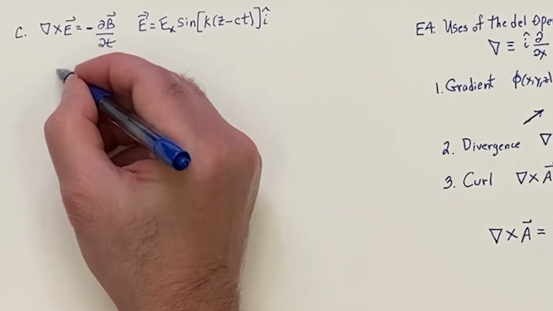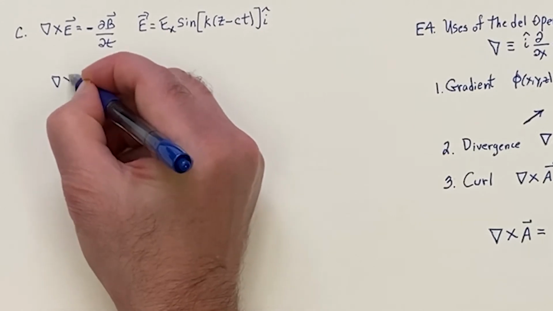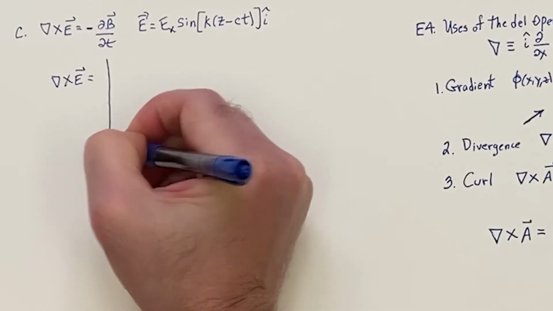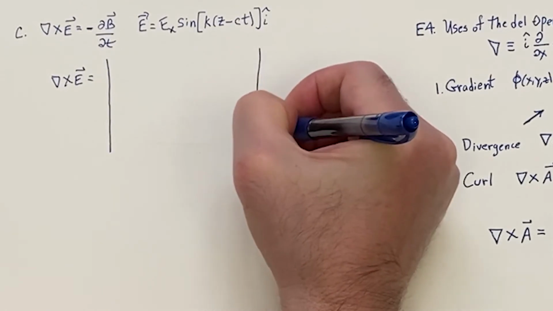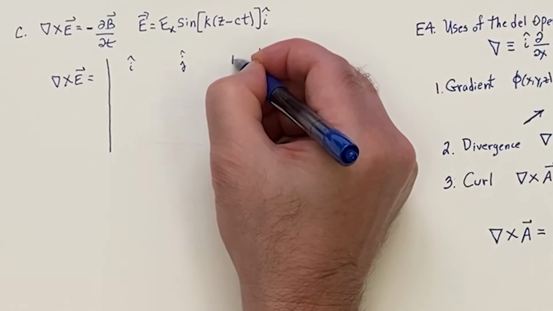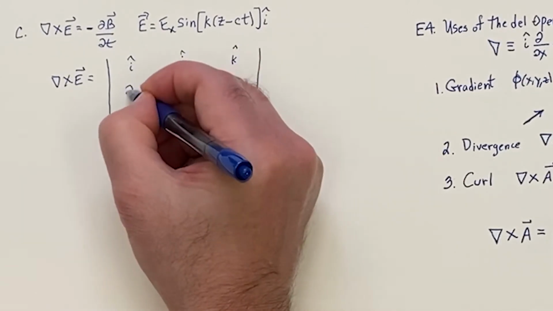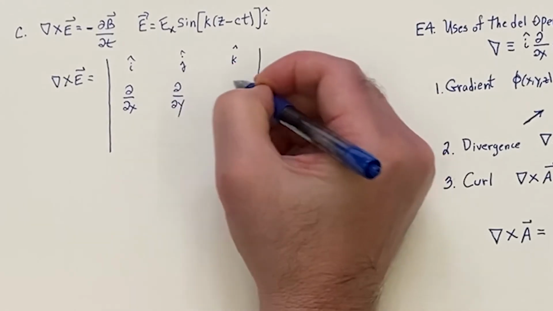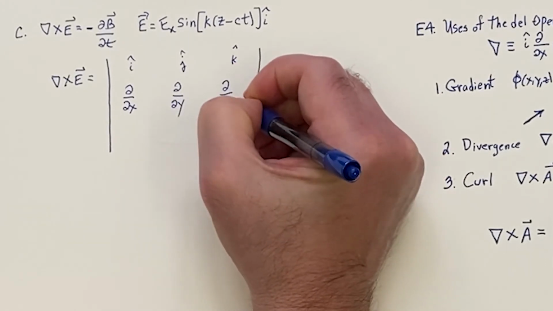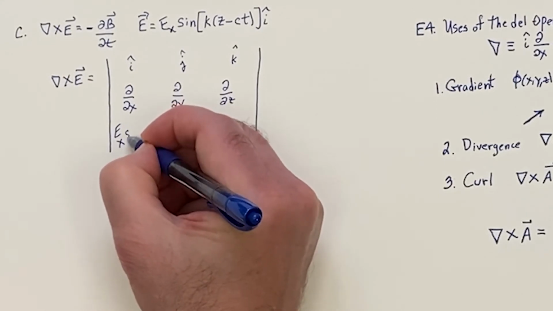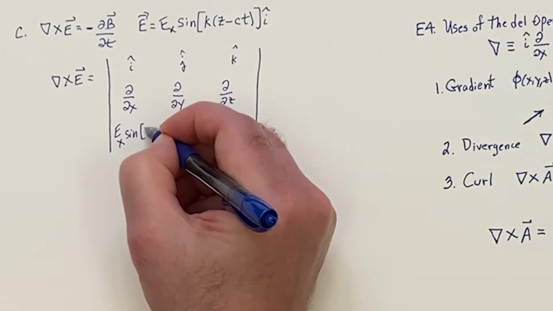So if we take this curl, we'll go ahead and write down the determinant. Just have something over here, the Ex sine.